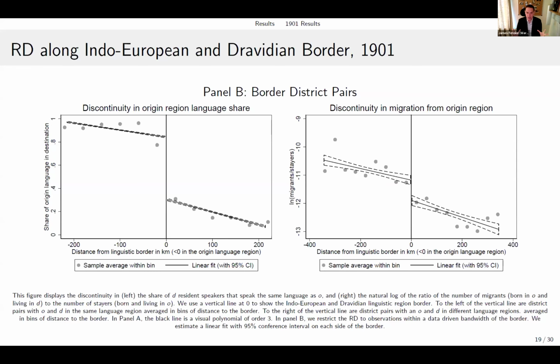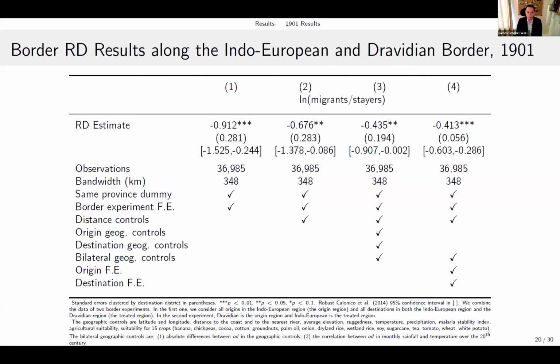And so if you focus in on the optimal bandwidth, you again find that if you cross the linguistic boundary, the number of common language speakers falls. And if you cross the linguistic boundary, the number of migrants from origin O to destination D falls visibly. If you want to see that as a table, it looks like this.